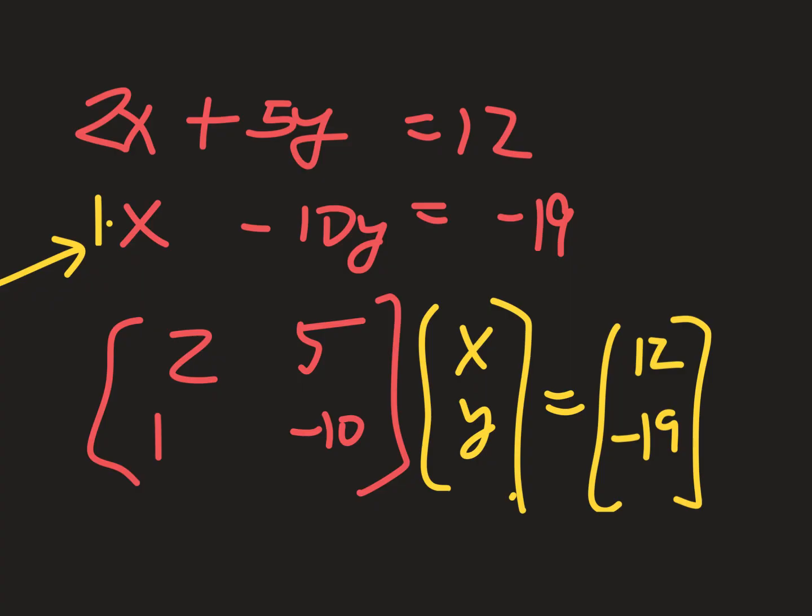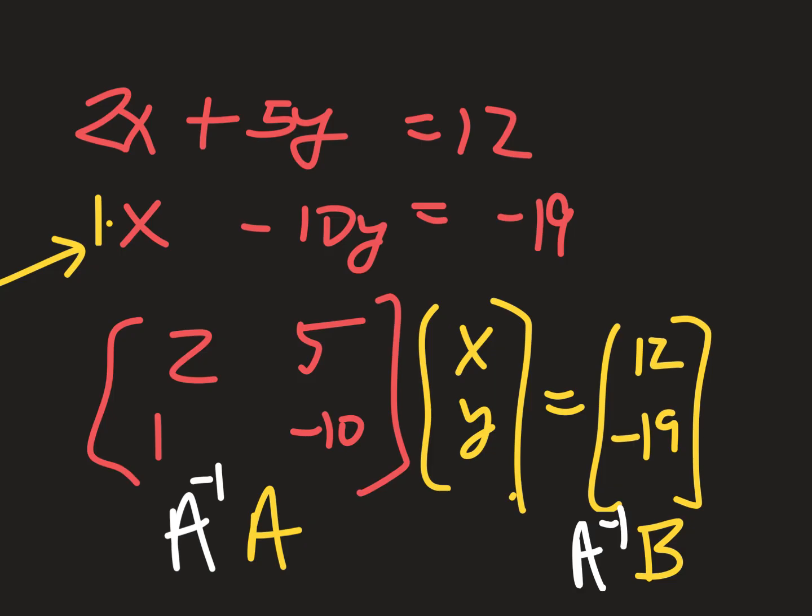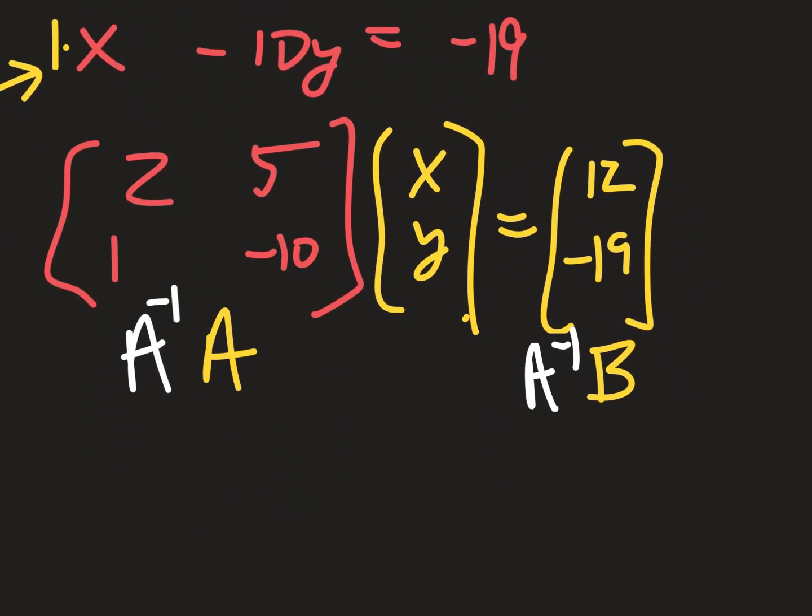Raise your hand if you had that one right. Awesome. And if this is A and this is B, then to get this A off of here, you're going to do the inverse of A, but you're going to do it to both sides. And my next question for you is, when you multiply this and this, write what you get.